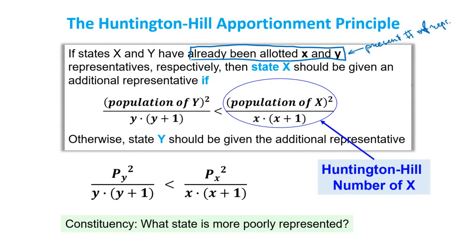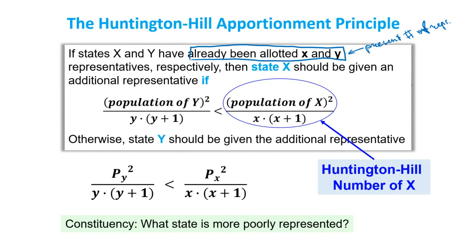We calculate these numbers for both states, X and Y, and then we look at which Huntington-Hill number is greater.